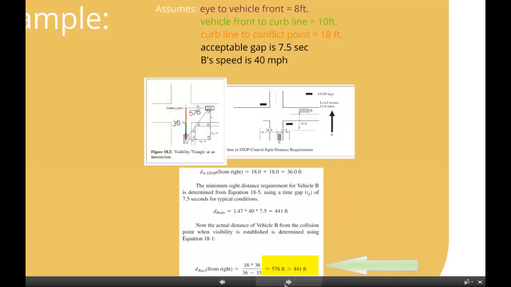In step 4, we compare dB actual to dB minimum and find that the actual separation of 576 feet is greater than the minimum acceptable separation of 441 feet. We conclude that for vehicles approaching from the right, the sight distance criteria are satisfied.